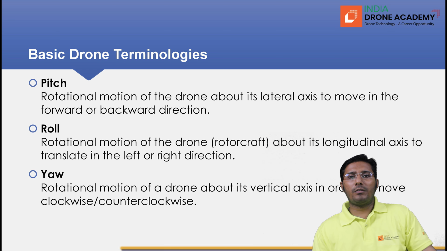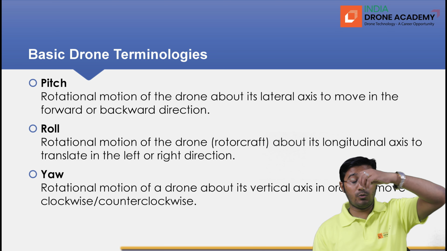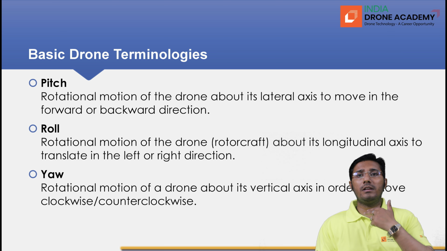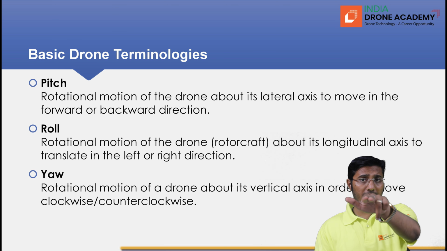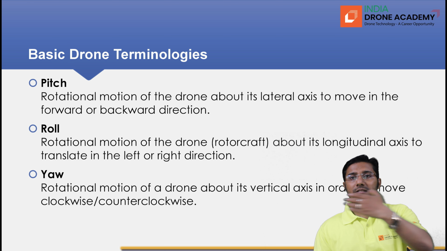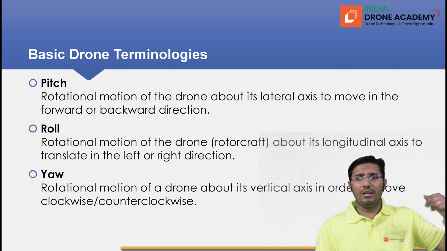So this is very important to understand here. One is the vertical axis that you can assume passing vertically downwards through the drone. One is the axis that can be assumed in this direction, just perpendicular to your screen, and that axis is referred to as the longitudinal axis, and the other axis is the lateral axis, which is in this direction.